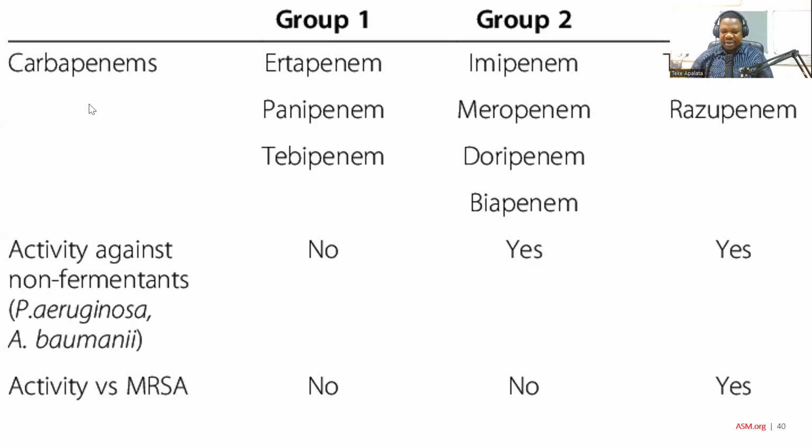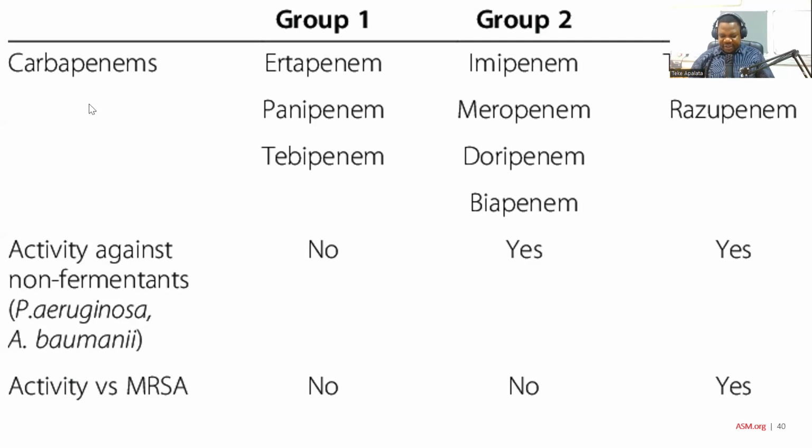So don't choose ertapenem if you suspect that the infection can be due to Pseudomonas aeruginosa or Acinetobacter baumannii. But group 2, imipenem, meropenem, doripenem, have a good activity against most gram-negatives, including Pseudomonas and Acinetobacter baumannii. And group 3 also has good activity against those non-fermenter gram-negative bacteria.